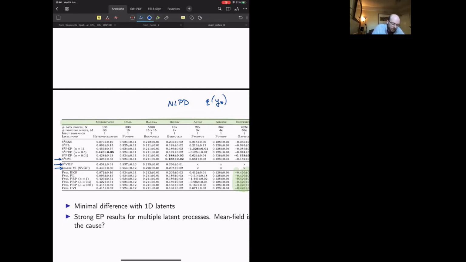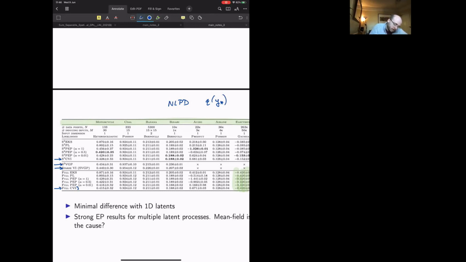CVI here is conjugate computation variational inference. It's just the name associated with how you actually do natural gradients in the approximate posterior they propose. And then full CVI is the same as S squared CVI, but your pseudo points are the same as your inputs. So the approximation involved here is all to do with non-Gaussian likelihoods, as opposed to using pseudo points or not using pseudo points.